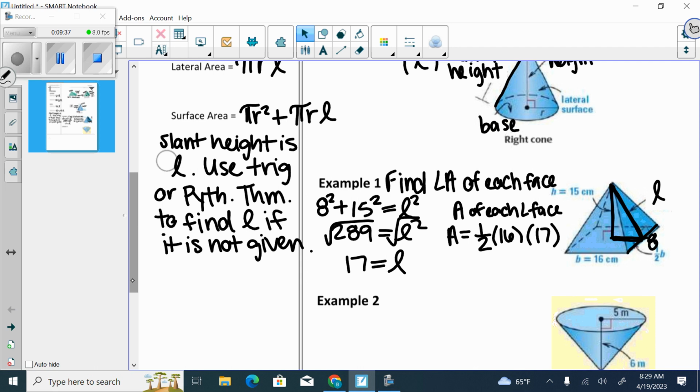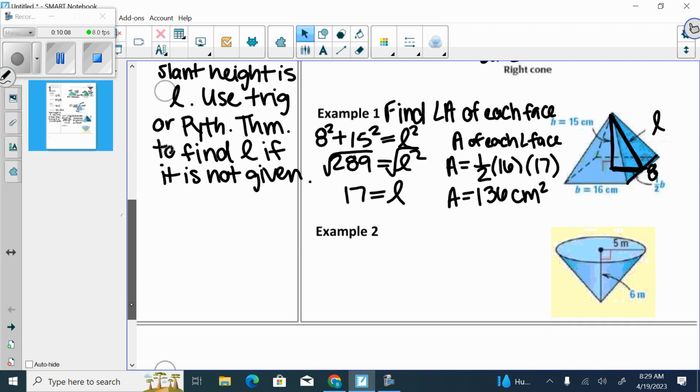So what would the area of one of our lateral faces be? 136. And if they had wanted the entire lateral area, instead of using 16, we would have used the perimeter of the whole base, right?